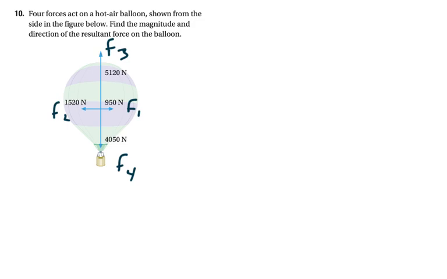So your x component is going to be equal to F1 plus F2, because those are the only ones that are in the x direction or aligned along the x-axis. So when you do that, so F1 was 950.